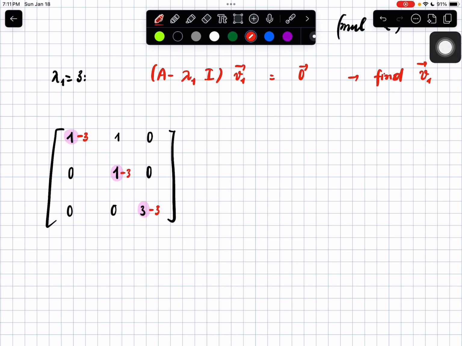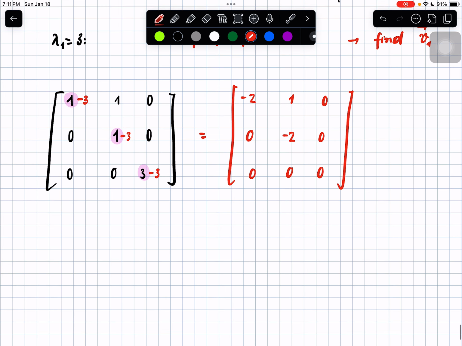So this matrix is minus 2, 1, 0, 0, minus 2, 0, 0, 0, 0. Think of that as times A, B, C.